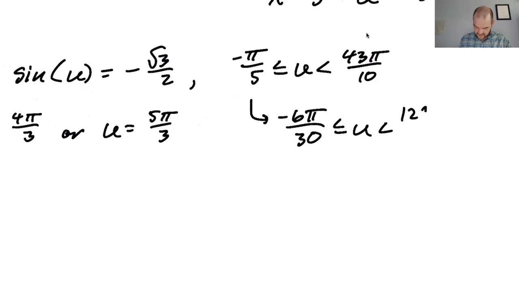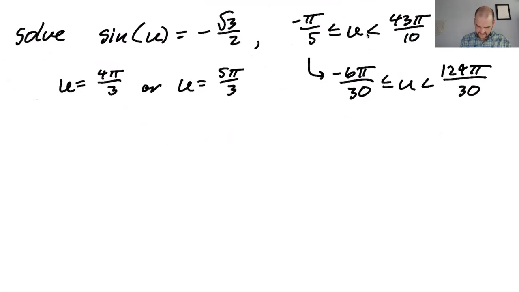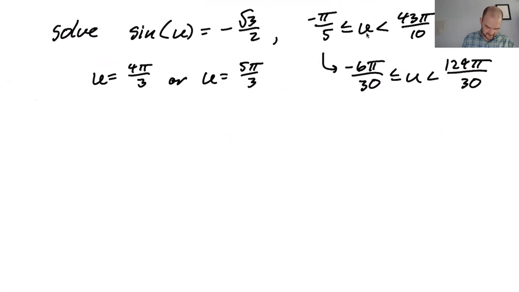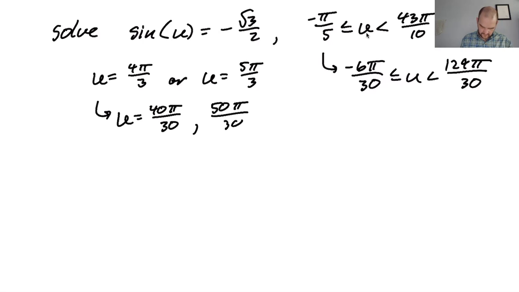So 129 pi over 30. And I'm going to change these to be u equals 40 pi over 30, or u equals 50 pi over 30.